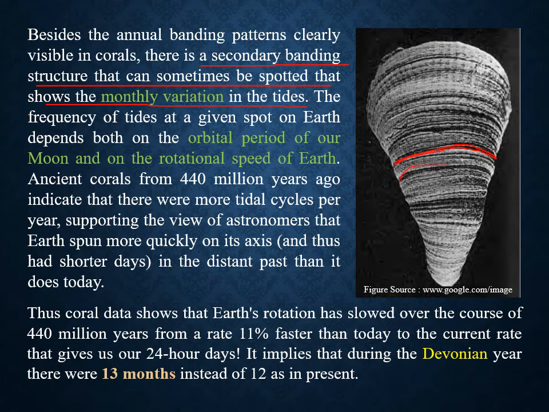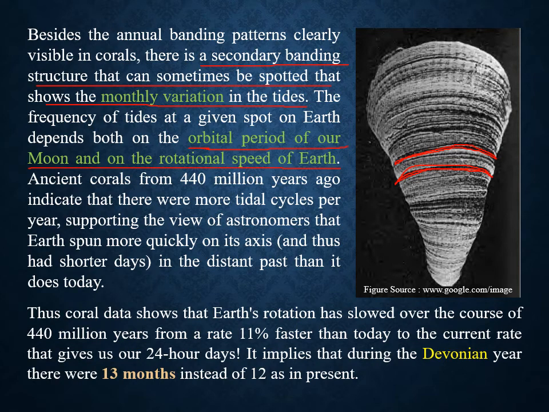This is an annual banding, and within this there are lots of fine growth rings. These indicate the tidal cyclicity, which depends on the frequency of tides at any given spot on Earth, and this frequency of tides depends on the orbital period of the Moon, which is rotating around Earth.